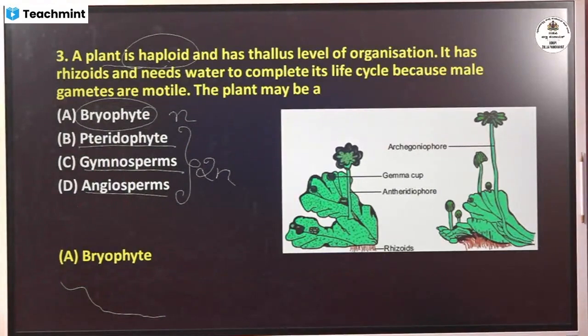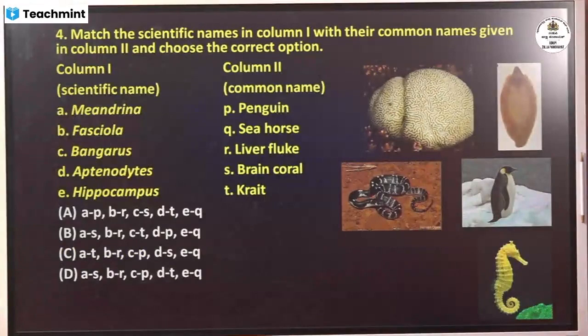Match the scientific names in column 1 with their common names given in column 2 and choose the correct option. Column 1 has scientific names, column 2 has common names. Meandrina, Fasciola, Bungarus, Aptenodytes, Hippocampus.